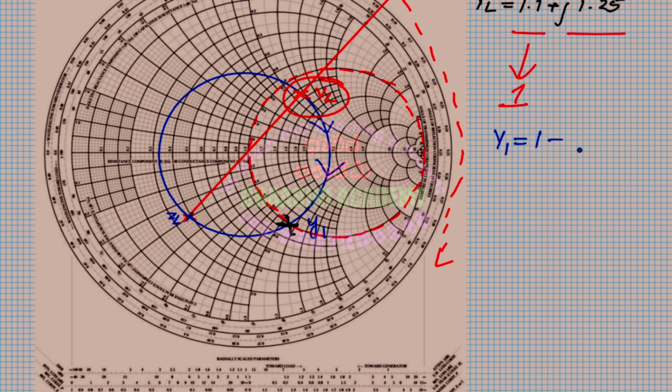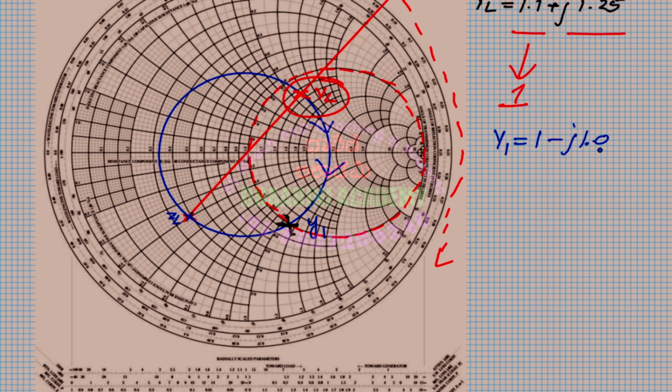So you just refer to your graph and tell me what that value is. What we get on a practical Smith chart is 1.0 minus j1.0.